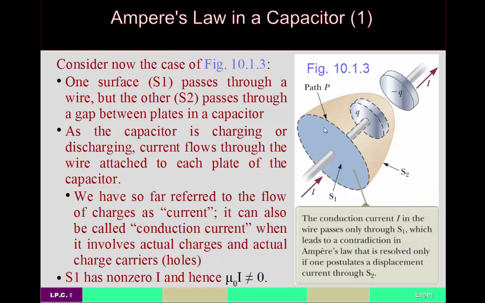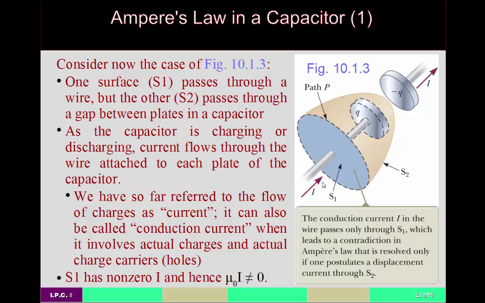Well, we have a contradiction now, because you can't have the same thing be at the same time both equal to 0 and not equal to 0. Basically, this current I that's labeled in this diagram is what we might call a conduction current, and it involves the motion of actual charge carriers such as electrons or electron holes that are being conducted along this conducting wire.